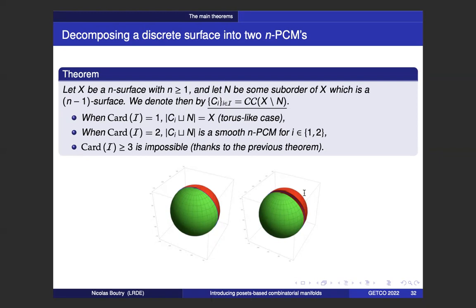We have removed a cycle which does not separate the initial space. And when we get back this border, we get back the initial poset. When we remove this discrete surface of dimension n-1 and we have two components, there will be, when we get back the border on each one, two smooth n-PCMs. And the case of cardinality equal to 3 or greater is impossible. It's simple. So it is the converse of the previous theorem.